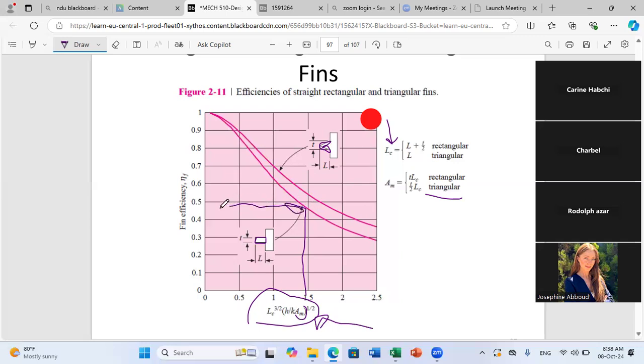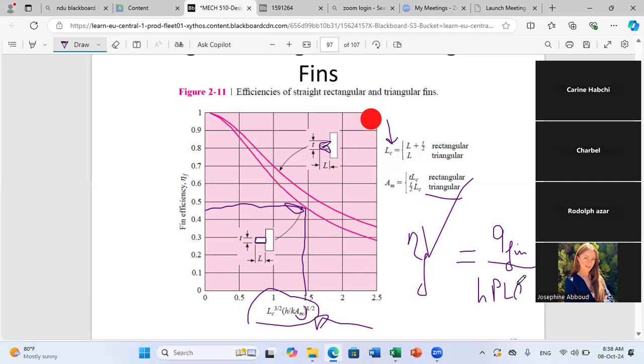And this is a tool if you want to not do an integral. Because you can now say, I get the efficiency from the graph. What is the efficiency? It's the actual transfer through the fin, which is unknown and for which I need to do an integration to find it, over Q max, and we said that Q max is h P L times theta 0.